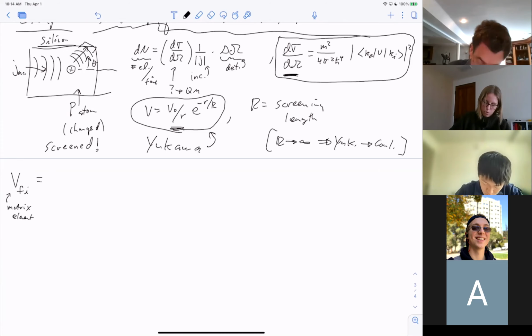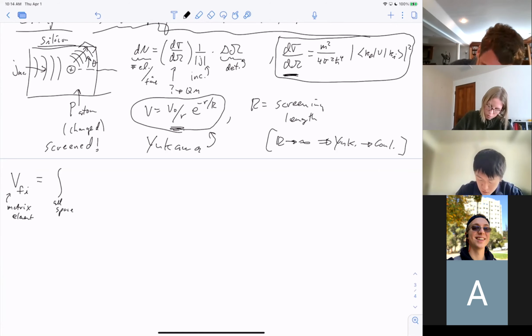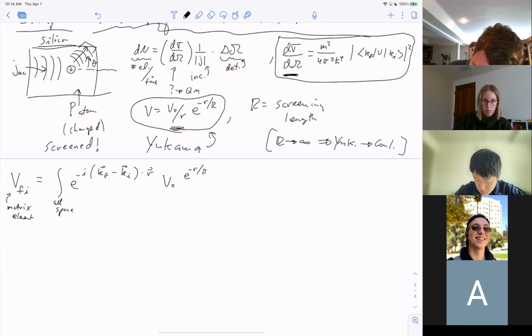And so it looks like this. It's going to be an integral over all space of e to the minus i (k_f minus k_initial) dot r, times my potential, which is V naught e to the negative r over big R, the screening length, divided by little r, d cubed r.